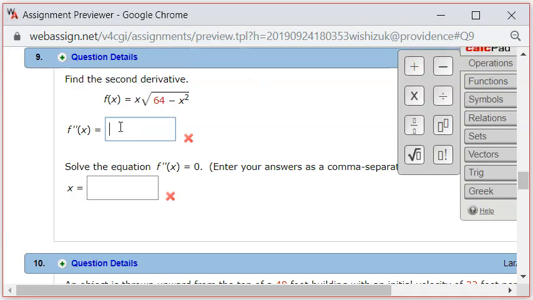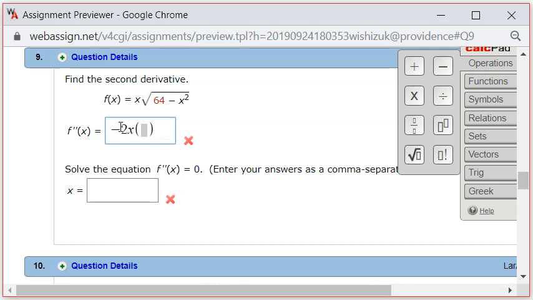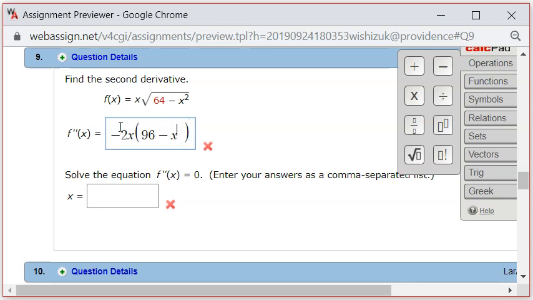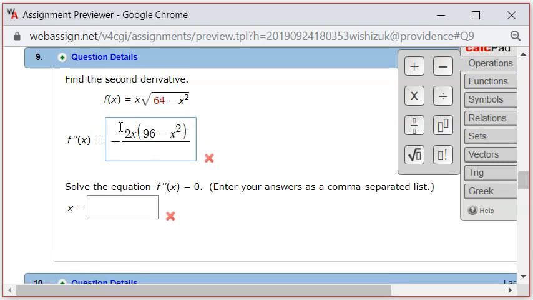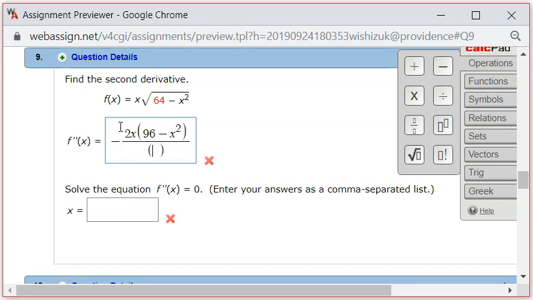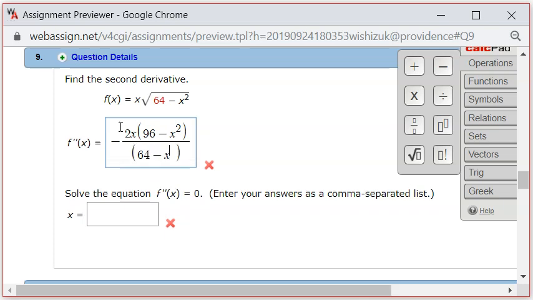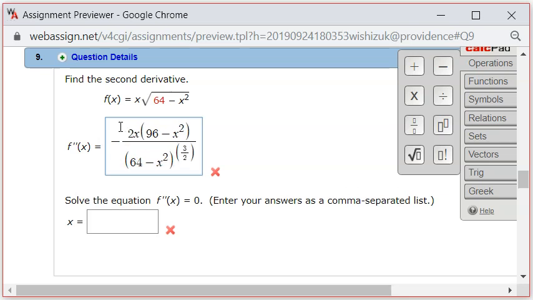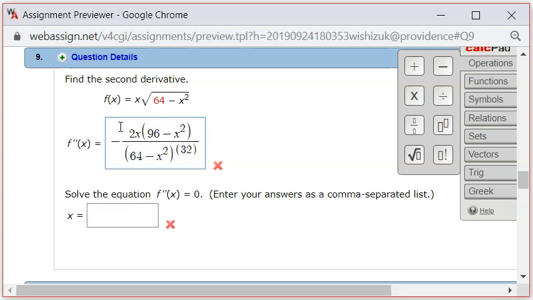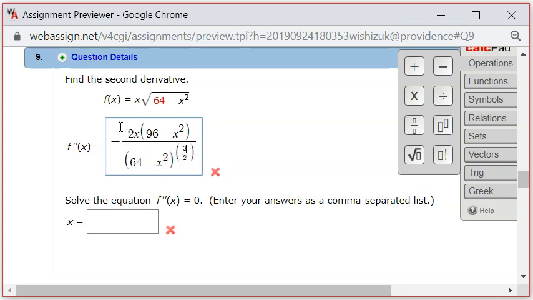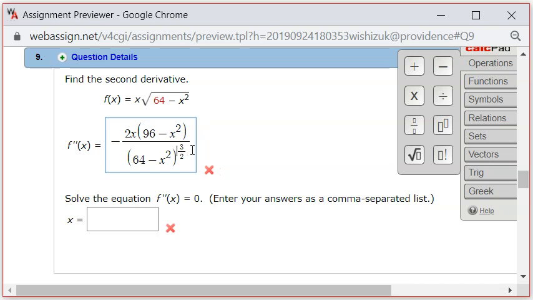So what we got was, let's see if I remember, negative 2x times 96 minus x squared, over quantity 64 minus x squared, raised to the 3/2 power. Right, so we have that. Let's go ahead and check the answer first.